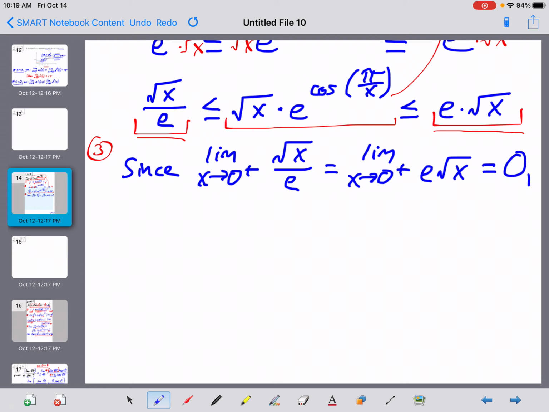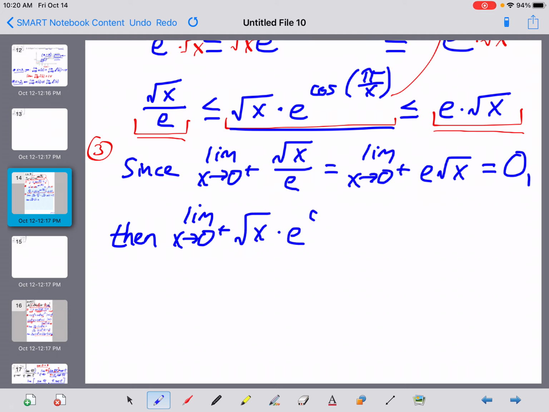They're both 0. So since the lower function and the upper function have the same limit, then we may conclude that the limit as x approaches 0 from the right of our function right here, which is the square root of x times e to the cosine of pi over x, that middle function there has to have the exact same limit as the other two, so our answer there is going to be 0.